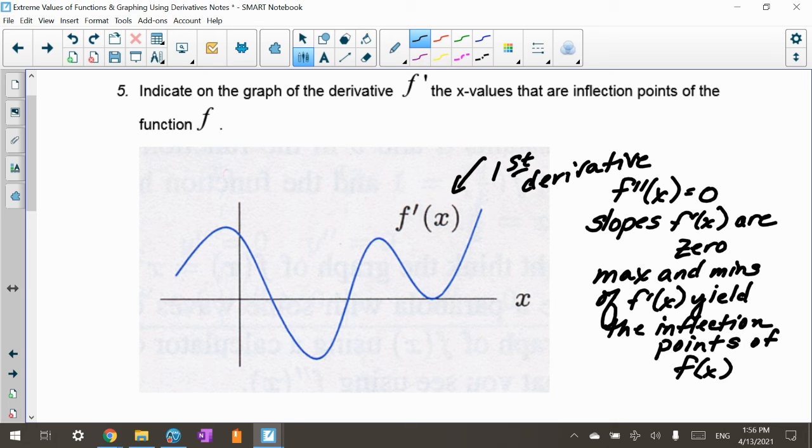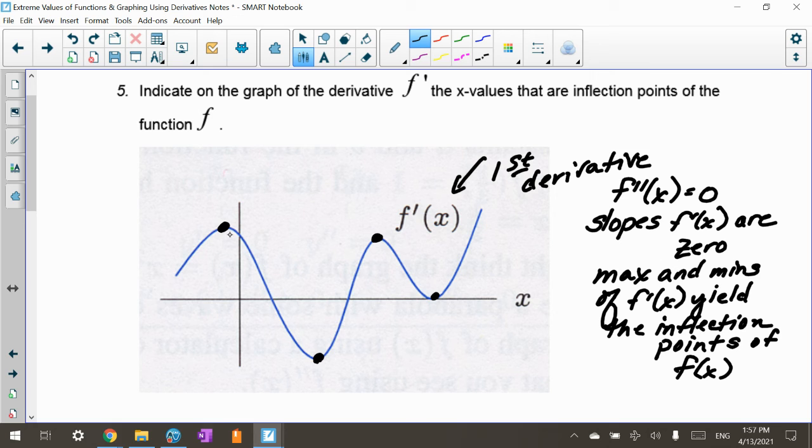Okay, so if this is the first derivative, basically my inflection points are here, here, here, here, and here. That's where the slopes are 0 of this first derivative, which means the change in concavity of our original function. So to find the inflection points, we must know where f prime of x is changing signs.